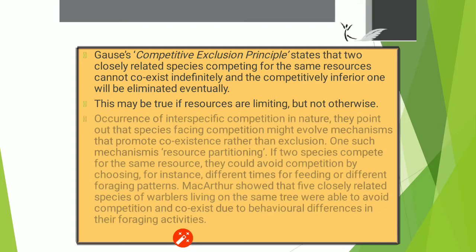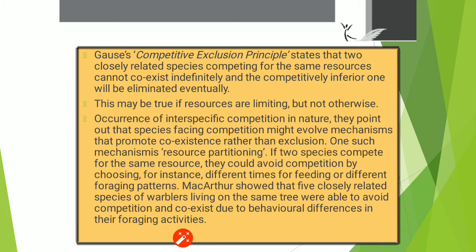Gause's competitive exclusion principle states that two closely related species competing for the same resources cannot coexist indefinitely, and the competitively inferior one will be eliminated eventually. This may be true if resources are limited, but not otherwise.